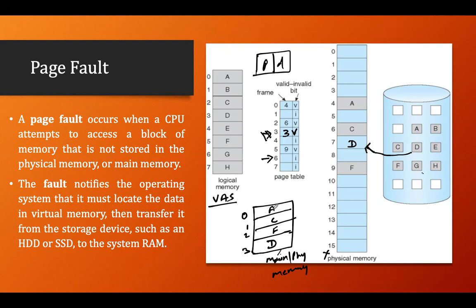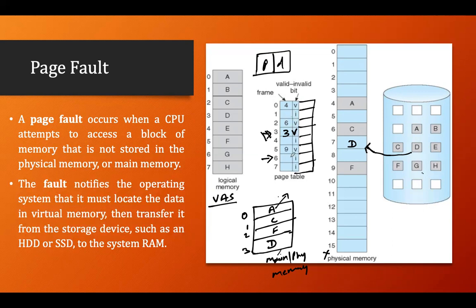Let's say I am replacing A, and I am putting G here. So what are the things that we have to look for? We know that there is other optional information. The valid and invalid bit tells about the availability of the page.